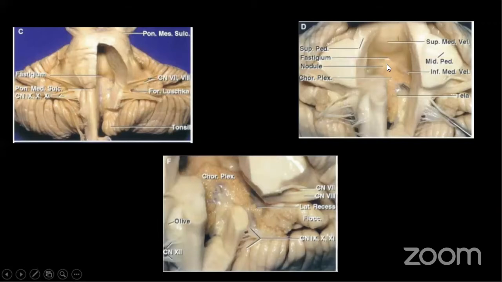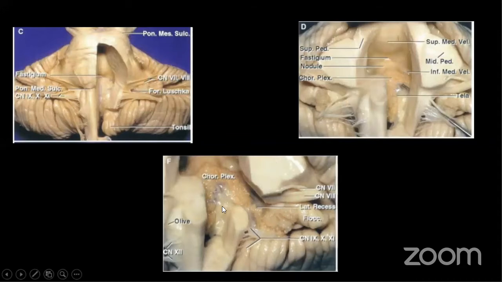Beneath the fastigium, we have the cerebellar nodule that gives rise to a thin membranous structure that spreads like wings on either side. This structure is known as the inferior medullary velum, and this is the inferior medullary velum that we discussed earlier, which makes the proximal part of the inferior slope of the roof of the fourth ventricle.